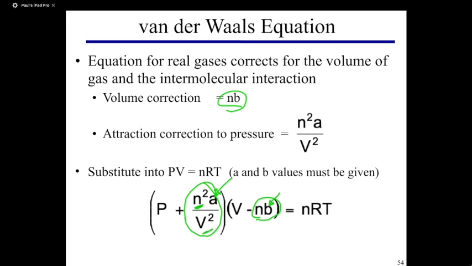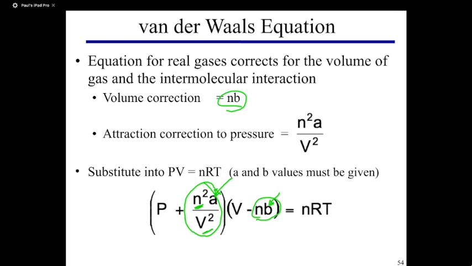And so it is P times V, but you have to adjust P and you have to adjust V so that the gas equation will account for those oddities when it behaves like a real gas. This is called the Van der Waals equation.